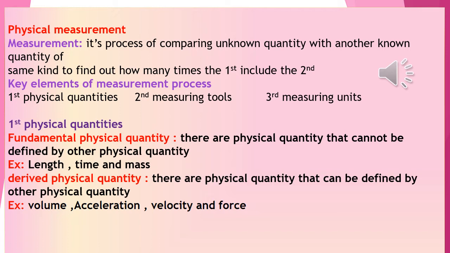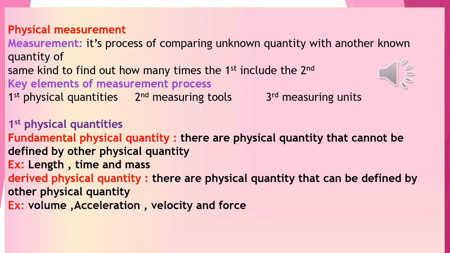Okay? Now we'll talk about derived physical quantities. When I say the volume of a cuboid is equal to 30 meter cube, no, it isn't defined by itself, because the volume of a cuboid is length times width times height. So to define the volume of a cuboid, you must know the length, the width and the height. So it needs other physical quantities to define it.